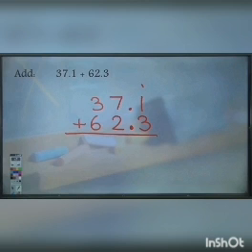First we will write one below the other according to their place value. In 37.1, 3 is in the tens place, and in 62.3, 6 is in the tens place. So I write 6 below the 3. 2 is in the ones place and 7 is also in the ones place. So I write 2 here, decimal point below the decimal point, and 3 right below the tenths place.